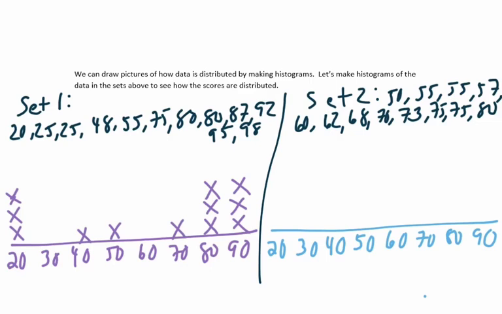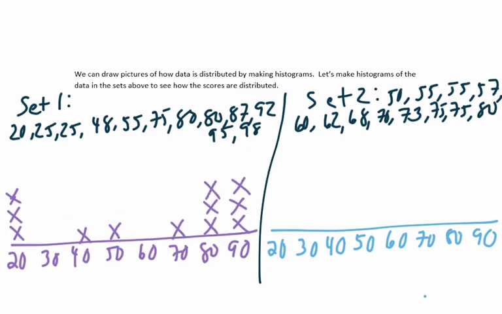Okay. And what that does is it gives you a visual representation of how those numbers are actually distributed. So we've got a cluster down here and a smaller cluster down here and not a lot in the middle. Okay. So it might look something like that.